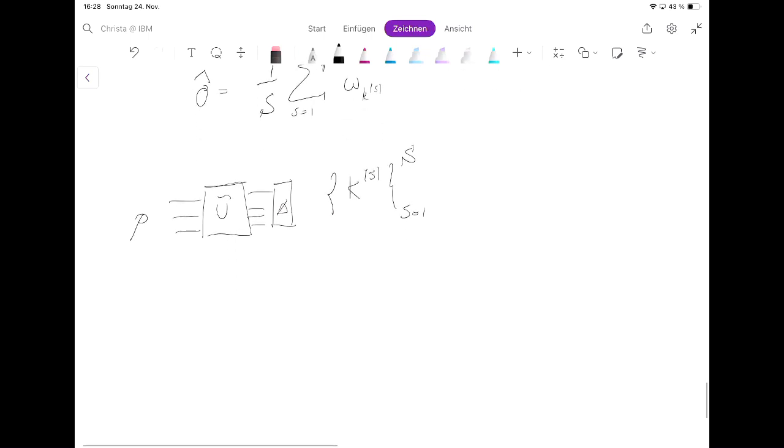And for any observable that you want, you will find a decomposition like the one that I wrote, and therefore you will be able to estimate its expectation value, or at least to get an estimator for its expectation value, like the one that we constructed above.